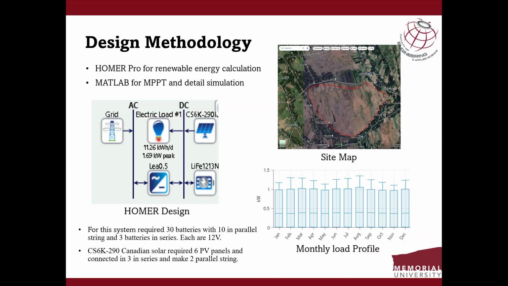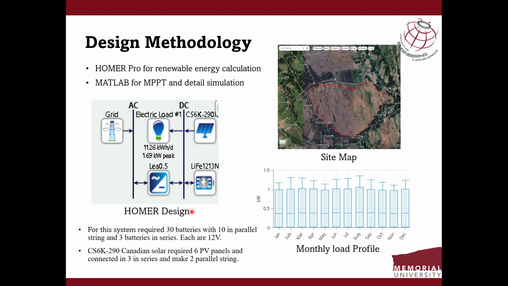You can see here there is an electric load, which is mainly our solar pump, and then a converter, because if something happens with the rain or the cloud, we must take backup from the grid system. And there is the battery and the PV panel. And here is our monthly load profile, depending on the weather and the demand of the irrigation.